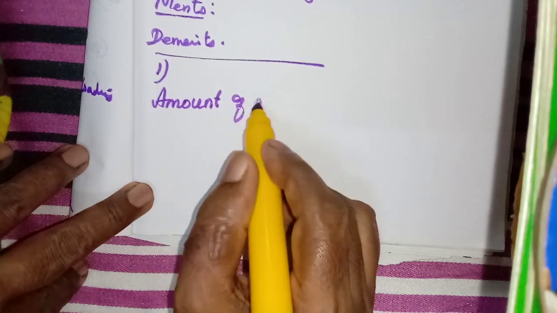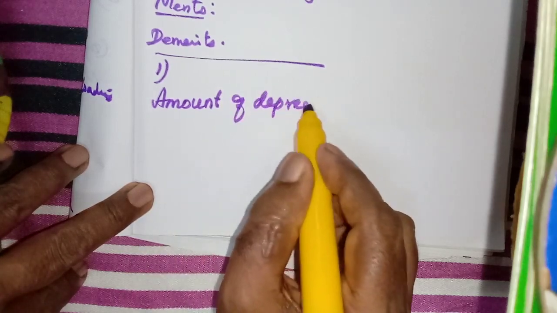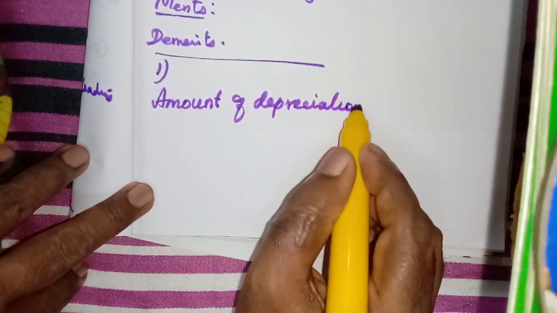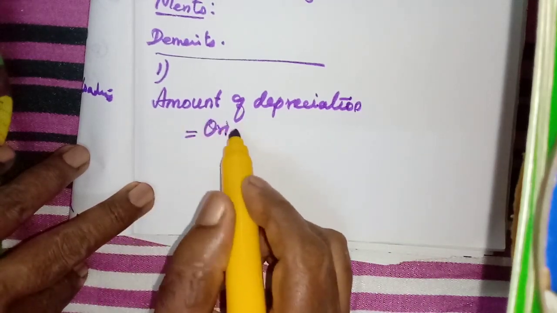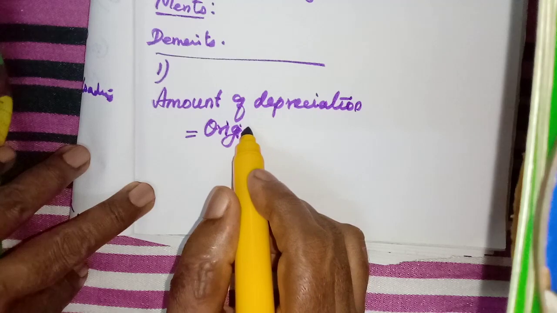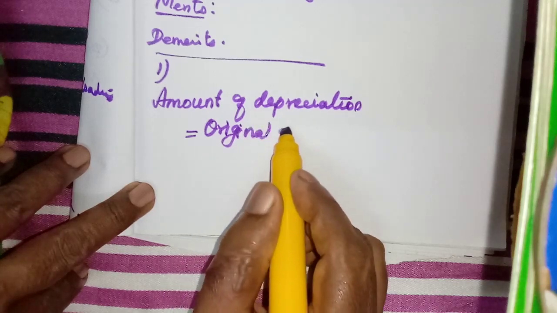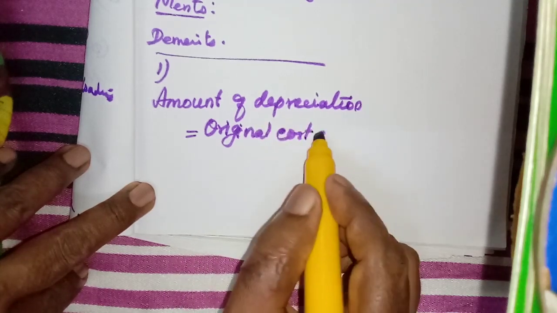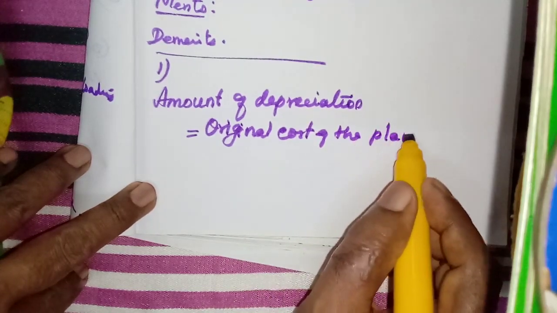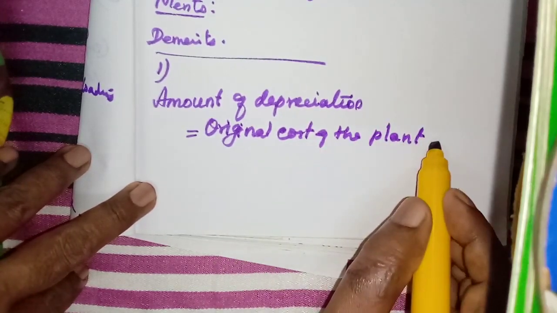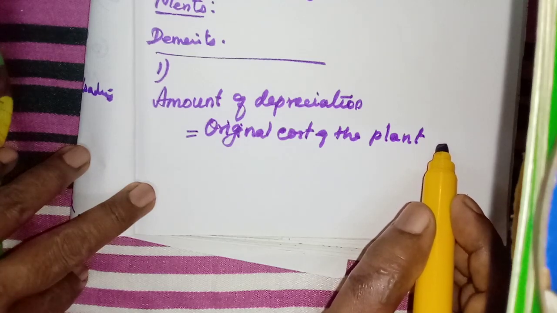First you have to write the formula, fully. Original cost of the asset, here the plant is given, so we can write plant, minus scrap value.